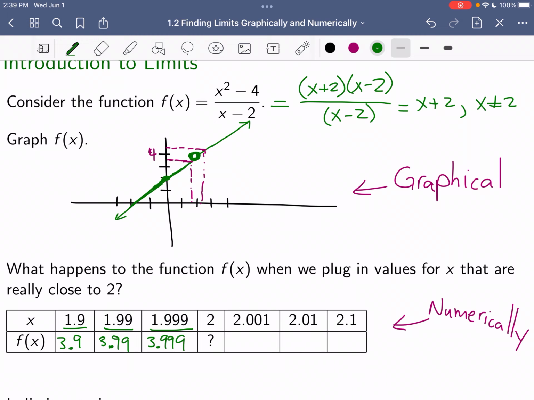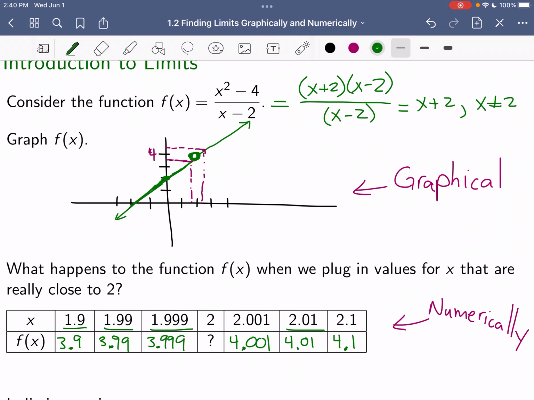What happens on the other side, right? Let's start way out here at 2.1. So we're 0.1 above 2. If we were to plug that in, we would get 4.1. If we plugged in 2.01, we'll get 4.01. And then we will get 4.001.